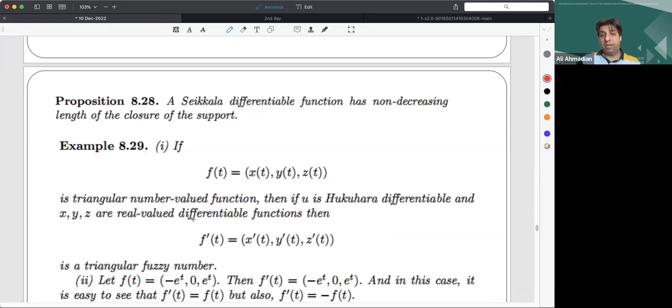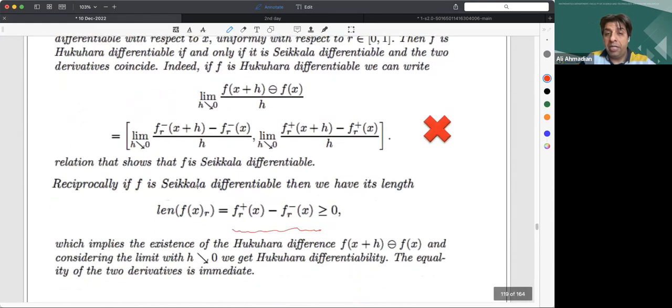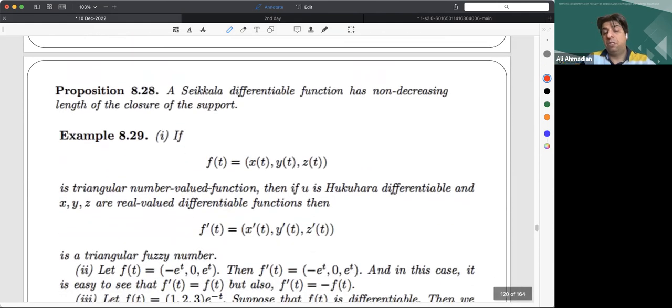Before that, we have a proposition to avoid this problem for Seikkala differentiable functions. The proposition says that a Seikkala differentiable function has a non-decreasing length of the closure of the support.